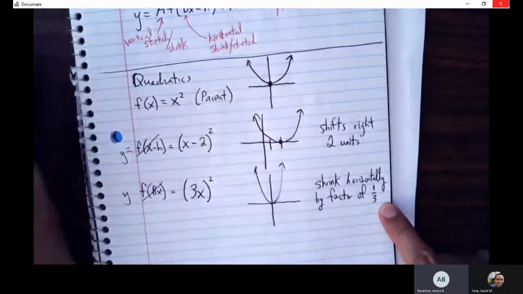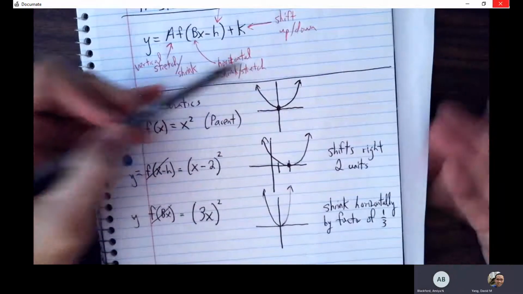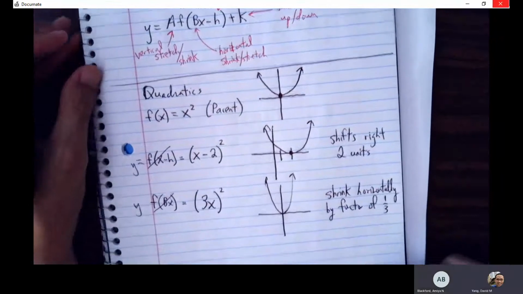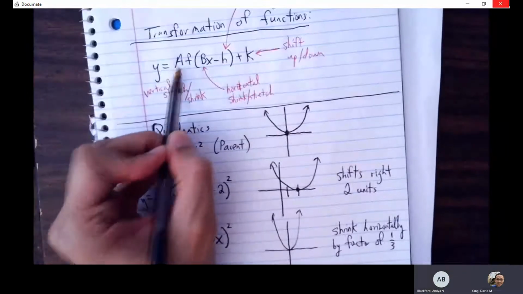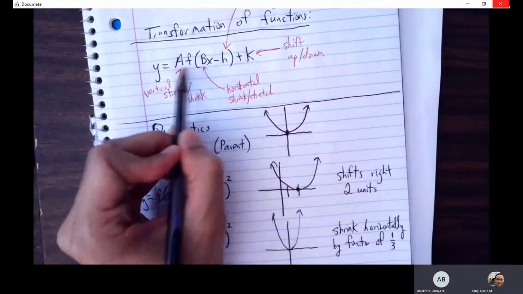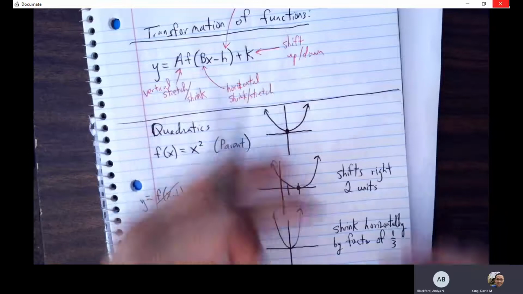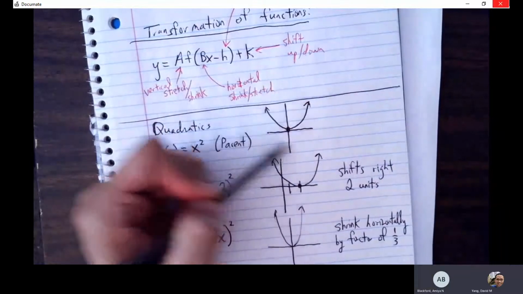Okay. And then you'll do the same thing. Pick a value for k and observe what happens. Pick a value for a, observe what happens. And then for the 5th graph, you're going to have to put in a, b, h, and k all into the same function, and then describe all the things that are changing to this graph.